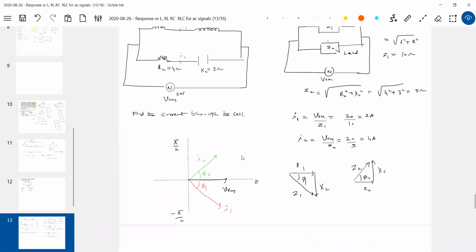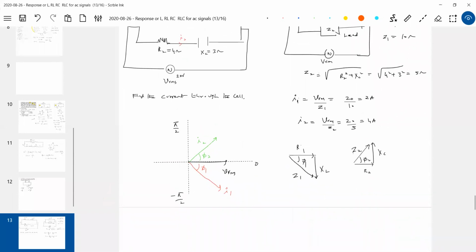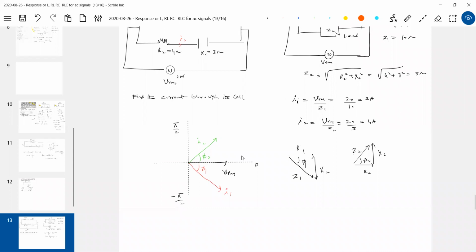Phi 1 and phi 2 are needed. So what is phi 2? Cos phi 1 equals R1 by Z1. Cos phi 2 equals R2 by Z2. I know all the values, Z1, Z2, everything. I got cos phi 1. Now what is the resultant current?